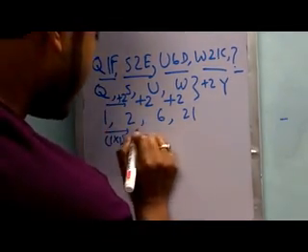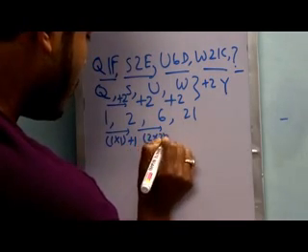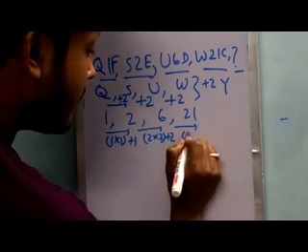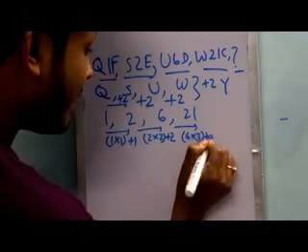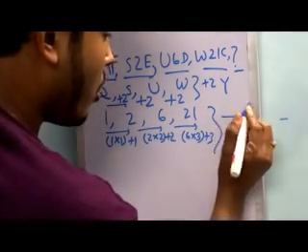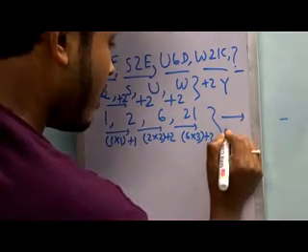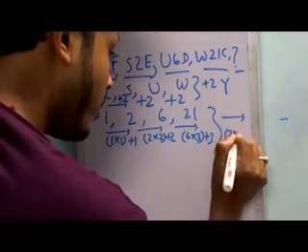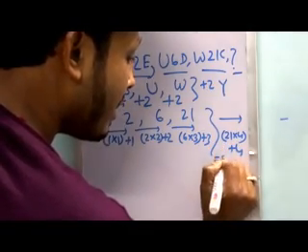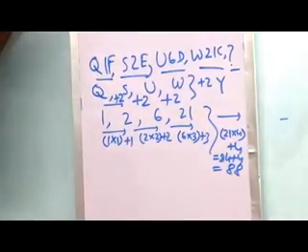Similarly, from 2 to 6, 2 into 2 plus 2 equals 6. Similarly, from 6 to 21, 6 into 3 plus 3. So the next one will automatically be 21 into 4 plus 4. So it will be 84 plus 4 equals 88.